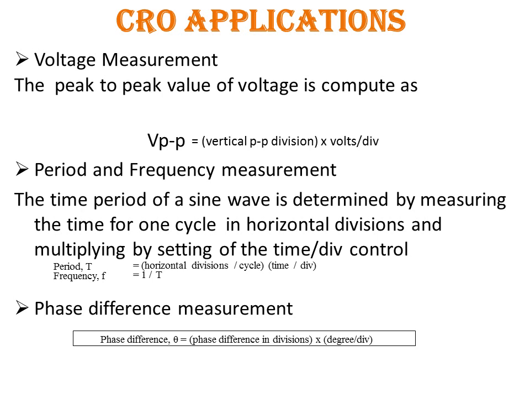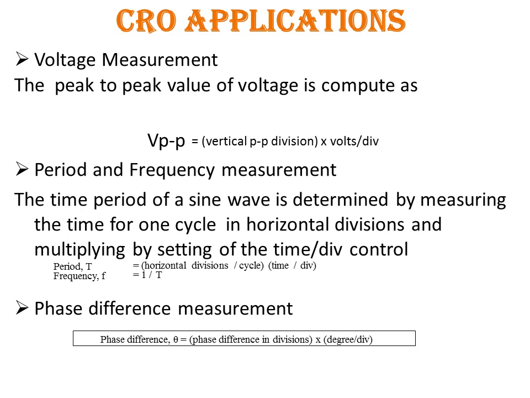Now let us see what are the applications of the cathode ray oscilloscope. CRO is used for voltage measurement, period and frequency measurement and phase difference measurement.